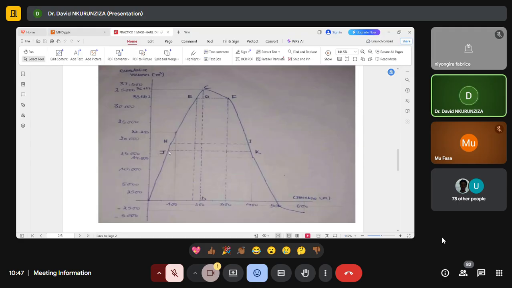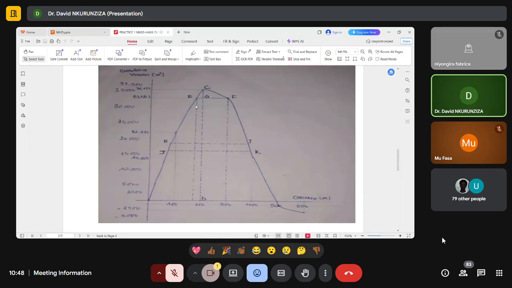And then the area between the mass haul curve and the balance line, because the balance line is this, and the area is this. It's the area which is below the curve.